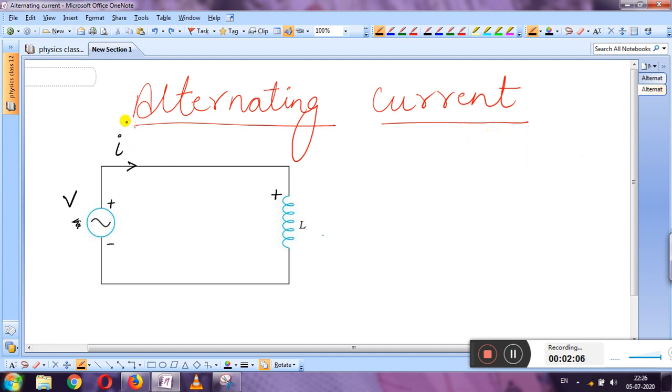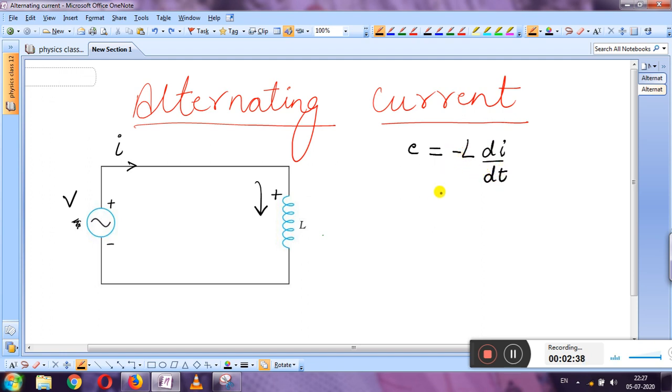If this changing current enters into this inductor, then, as we studied in the previous chapter, it produces changing magnetic flux, which ultimately induces EMF in it, whose magnitude we know is given by L di by dt.